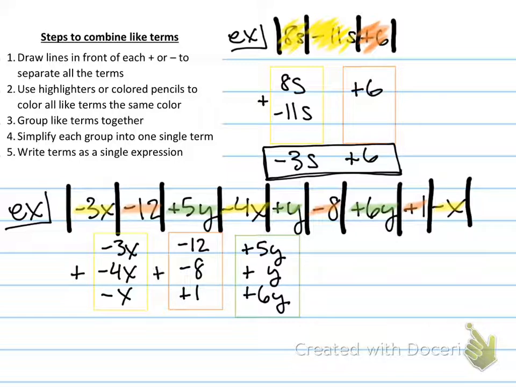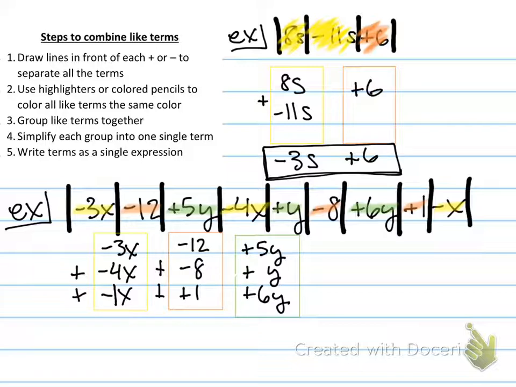So I'm adding -3x plus -4x plus -x. Try to make this a little less confusing here. Okay, so -3x plus -4x plus -x, I know that there is an invisible 1 in front of the variable.